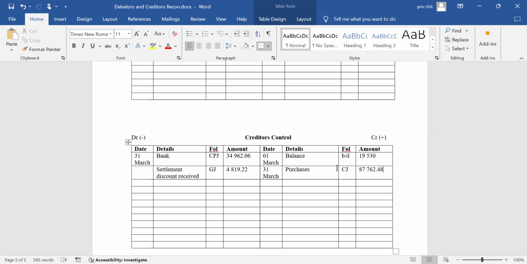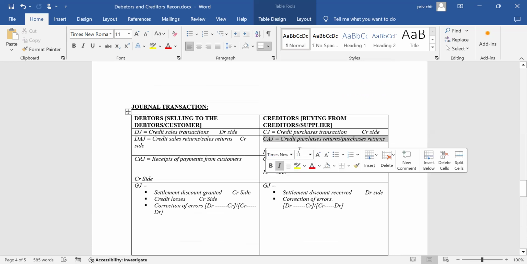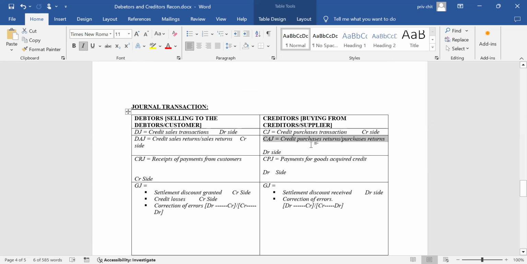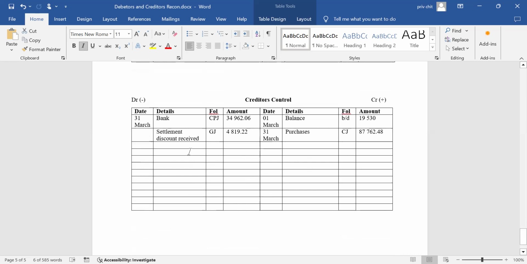Then we've got the total of creditors control in the creditors allowance journal. What did I say about the creditors allowance, guys? It's going to be on the debit side. Exactly. Why? Because we are returning the goods we had bought on credit. So here, we're going to write purchases returns.